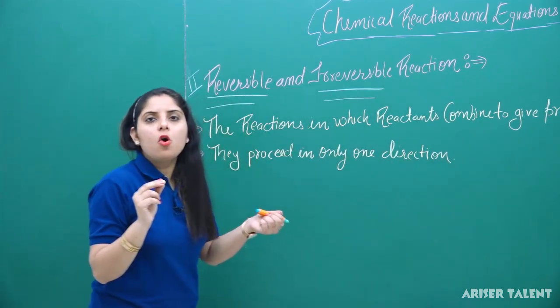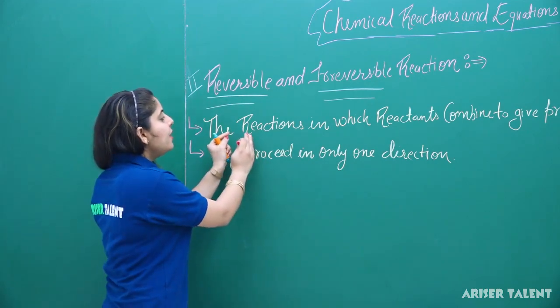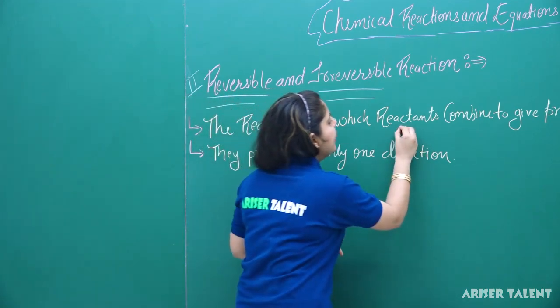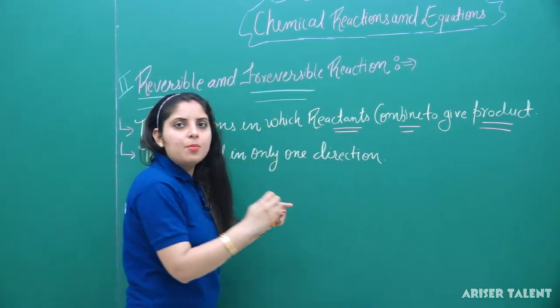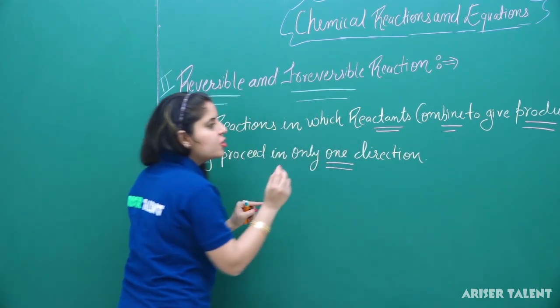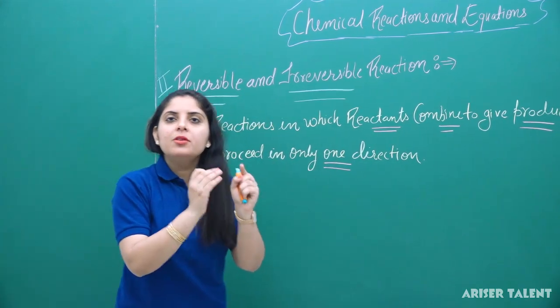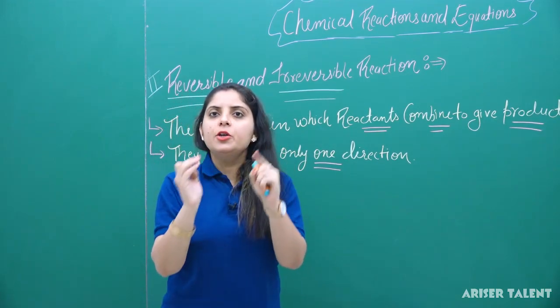What we have discussed here is that reactants combine to give a particular product, and these types of reactions can proceed only in one given direction. It means we have the reactants on one side, then an arrowhead which indicates the direction from reactants to products.